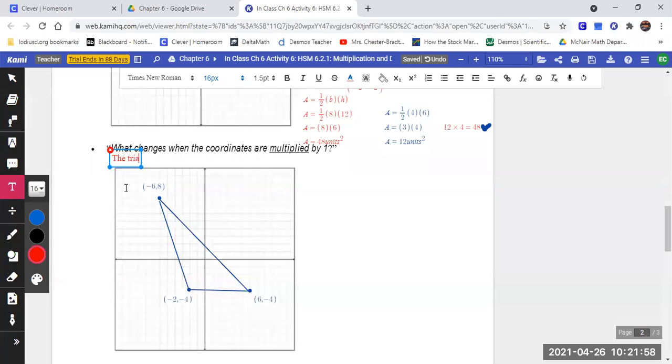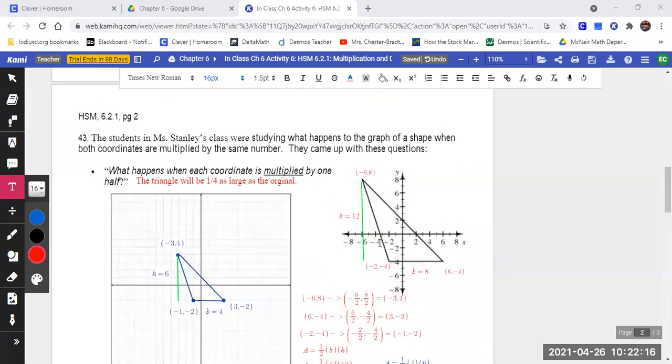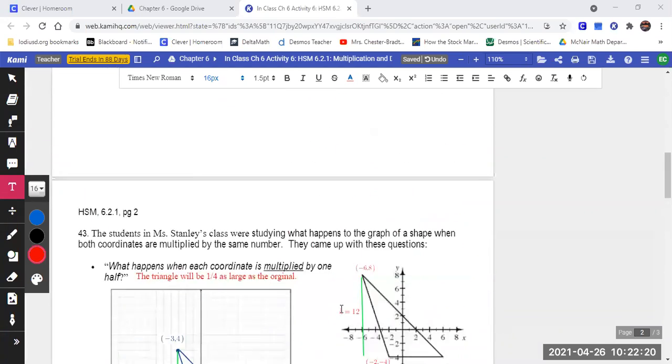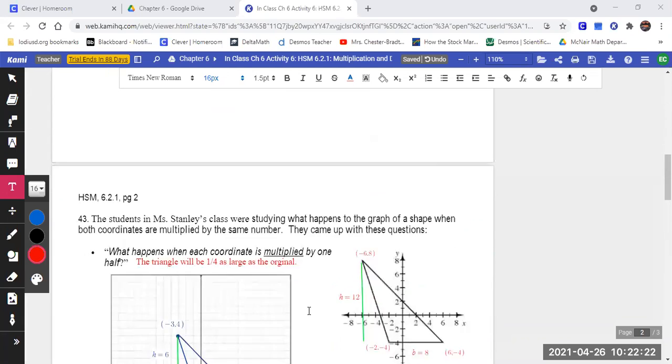The triangle will what? Look how we answered the first one. Use that same kind of pattern for the second one. The triangle will be what?